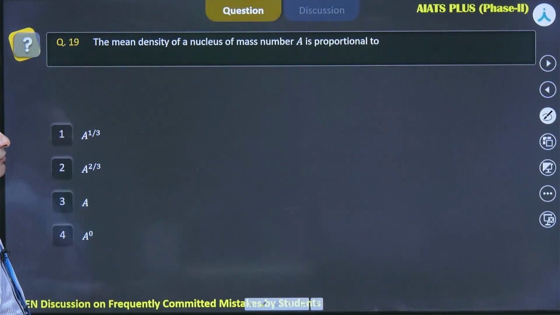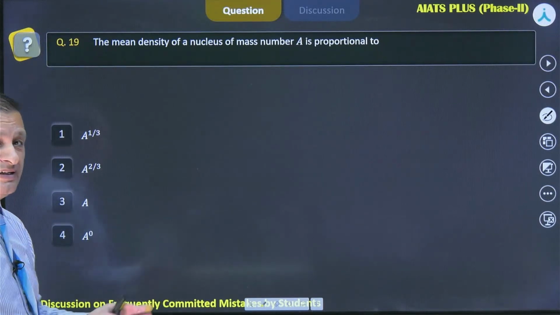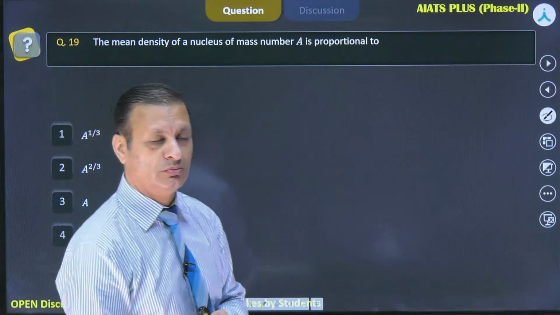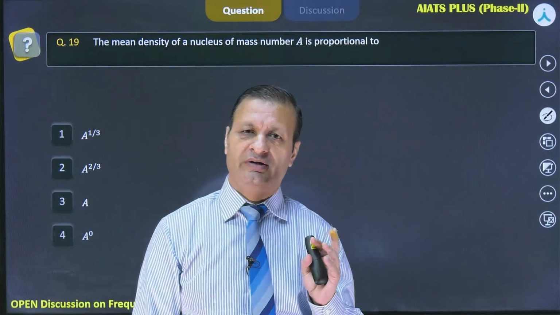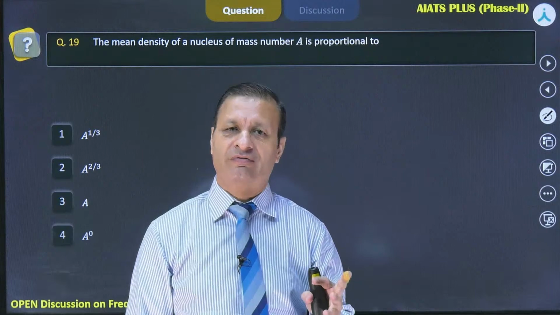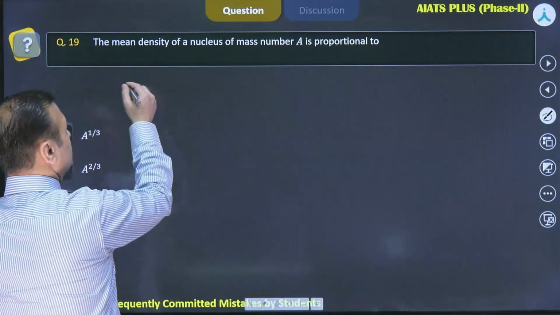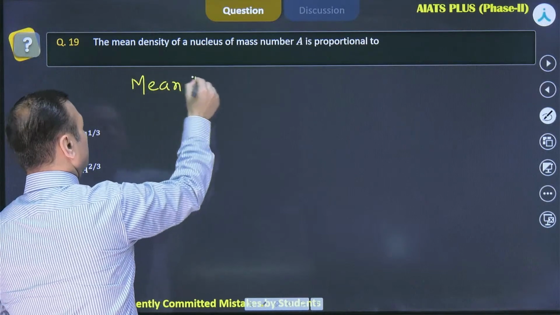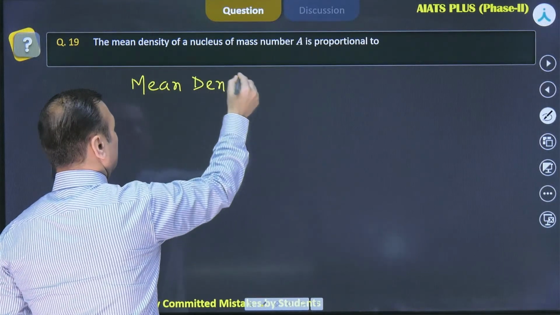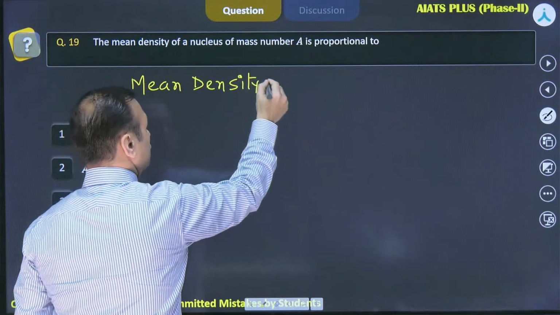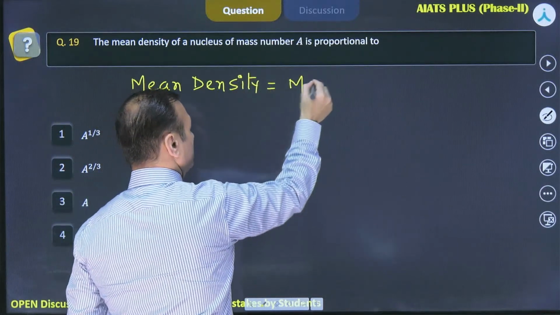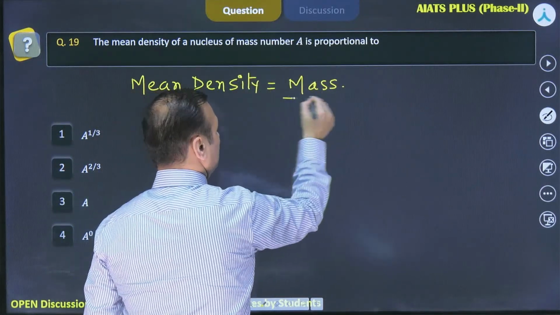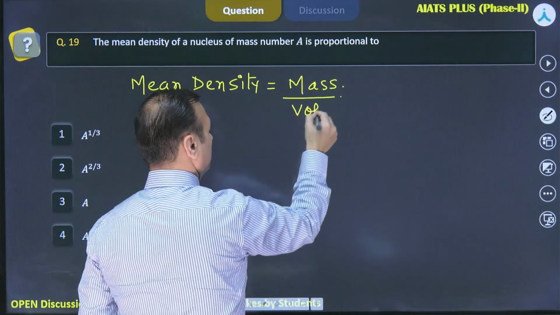The mean density of a nucleus of mass number A is proportional to... Very important, and it has been asked a number of times. So first you understand, when you write down mean density, this is mass of the nucleus divided by volume.